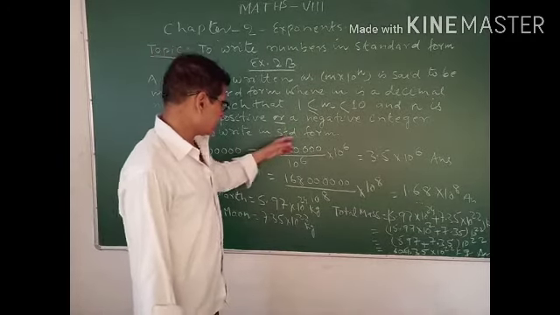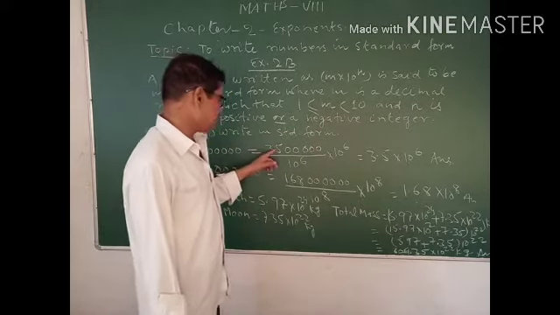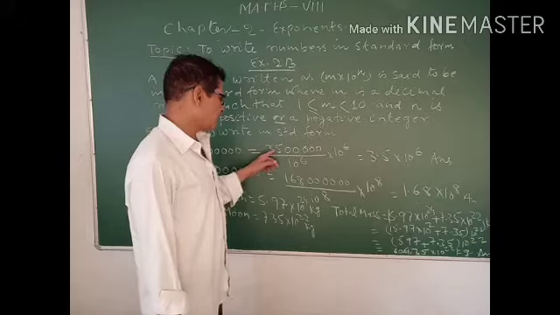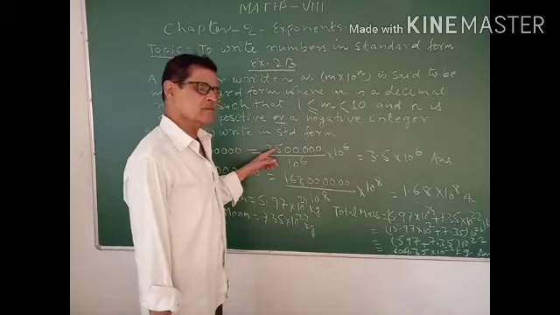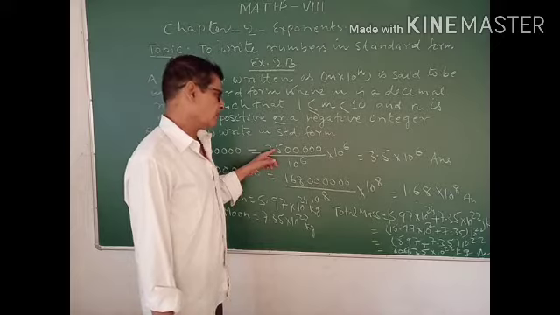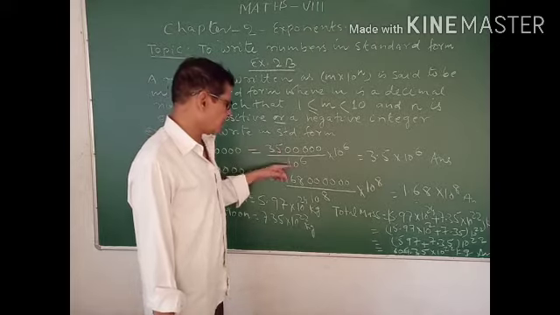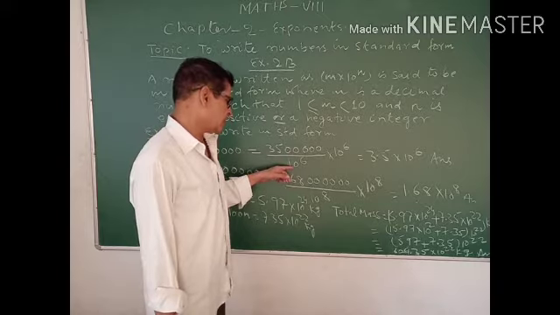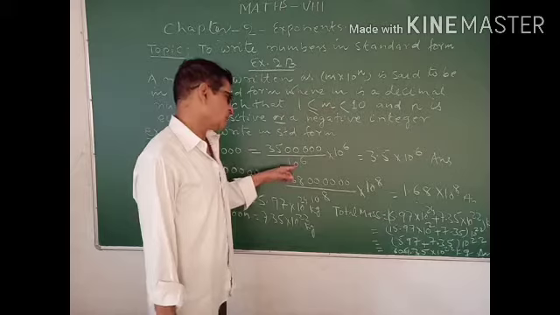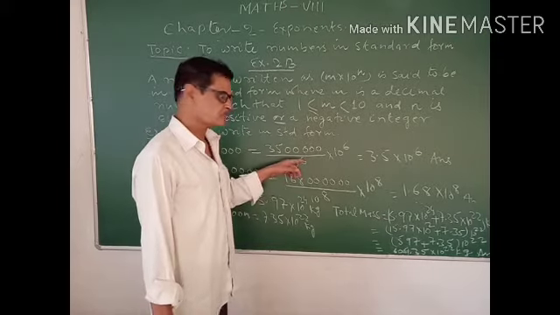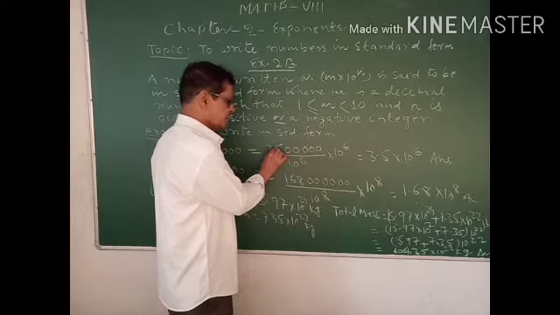The special technique of this is we have to keep the decimal after one digit in a standard form, and for this we are supposed to divide by 10 to a certain power. So here we want to keep a decimal.